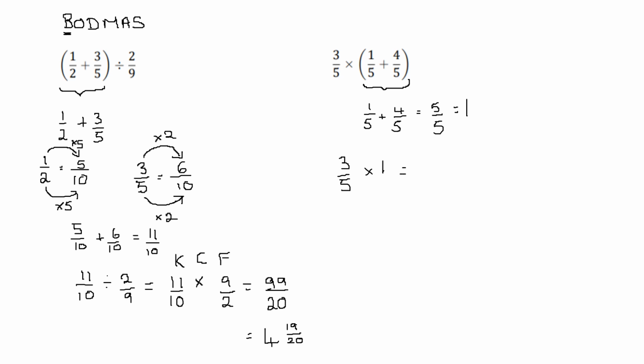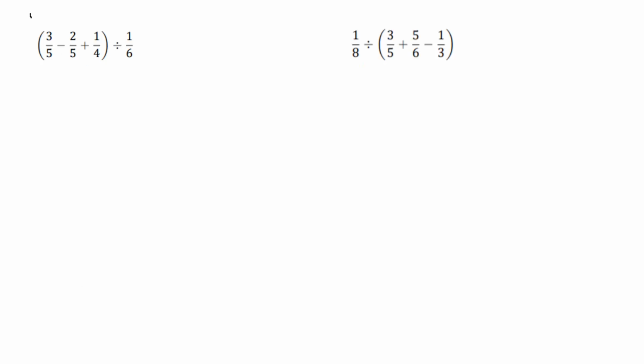And as we know, if we multiply anything by 1, we get whatever we're multiplying itself. So if we multiply 3/5 by 1, we're just going to get 3/5.